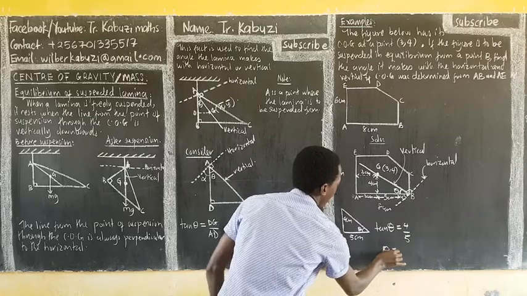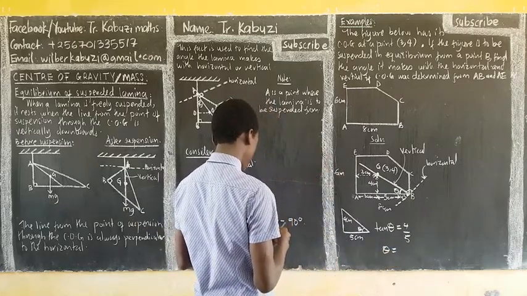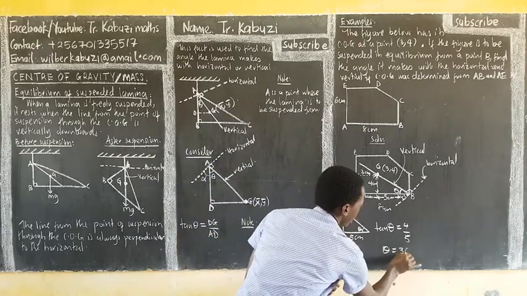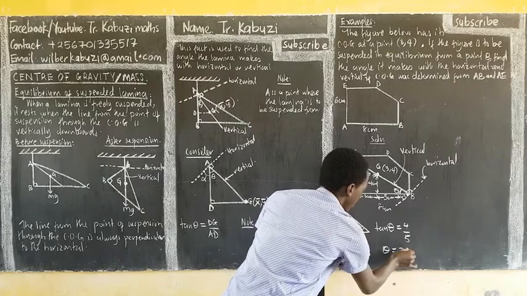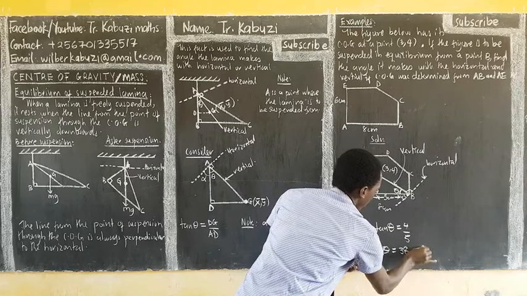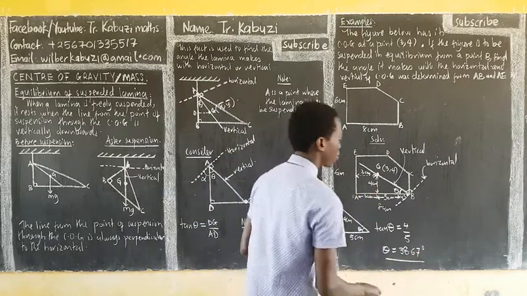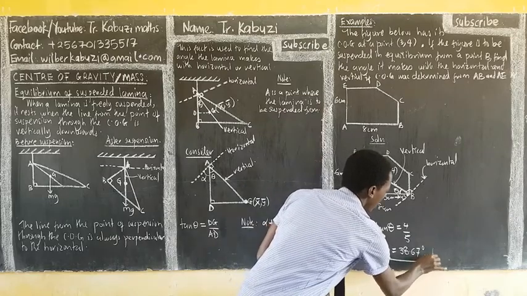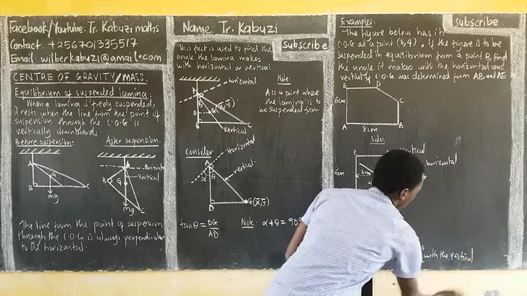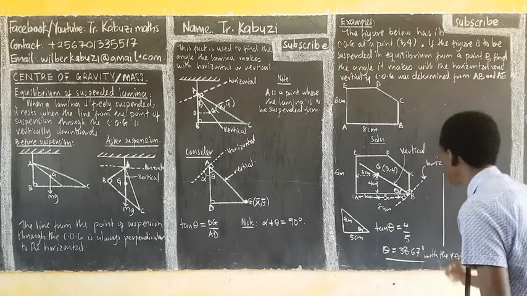So my theta here is going to be tan inverse of 0.8. This is giving me 38.67 degrees. So this is the angle it makes with the vertical.